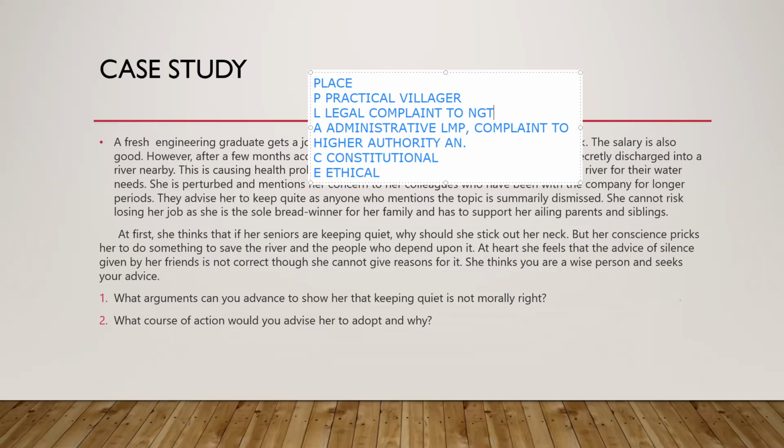So you have four important, very good points. Like-minded people, one. Second is a complaint to higher authority, anonymous. Complaint to NGT, and talking with the villagers, giving them some ethical gyan, advising them that it is not good for your health, it is not good for your future generation, it is immoral, and whatever they are doing is illegal.